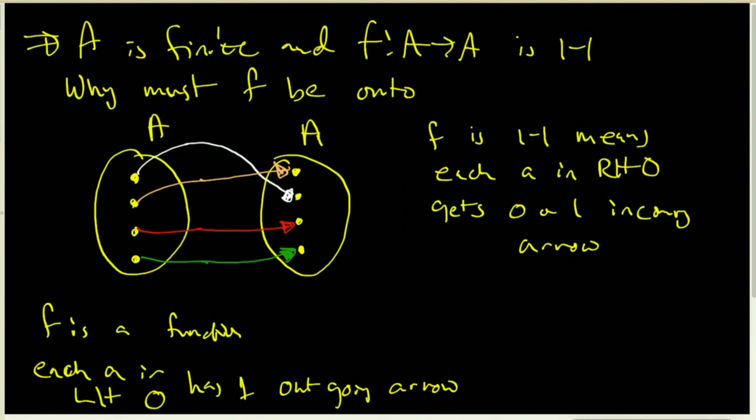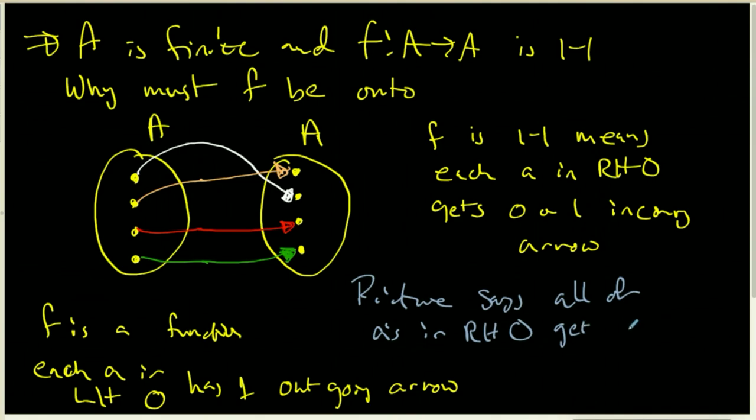So what this picture says is all of the A's in the codomain set in that right-hand circle get exactly one incoming arrow. So that says f is indeed onto.